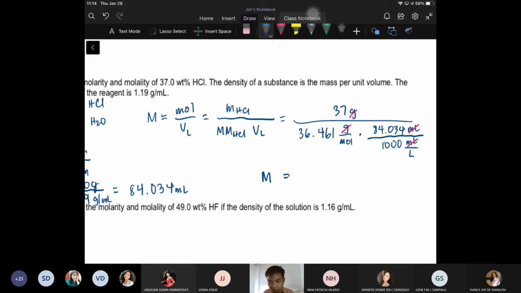Galit na galit. Okay. So, the answer is 12.076 mole per liter or molar. Pwede na yung capital letter M para masanay kayo. Okay. Mole per liter na lang. Okay, so that's the molarity of 37% HCl. Okay.